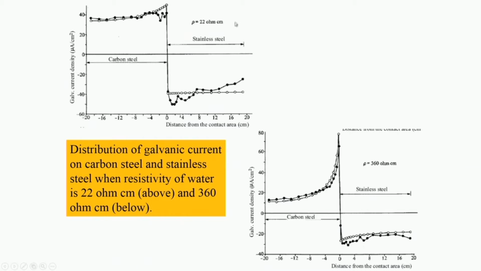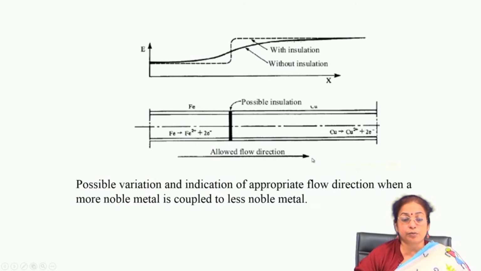Here the corrosion rate, in terms of galvanic current density, is much higher than where resistivity is very high. So the ionic conductivity of the electrolyte plays a very important role: the higher the ionic conductivity, the higher the rate of corrosion attack.